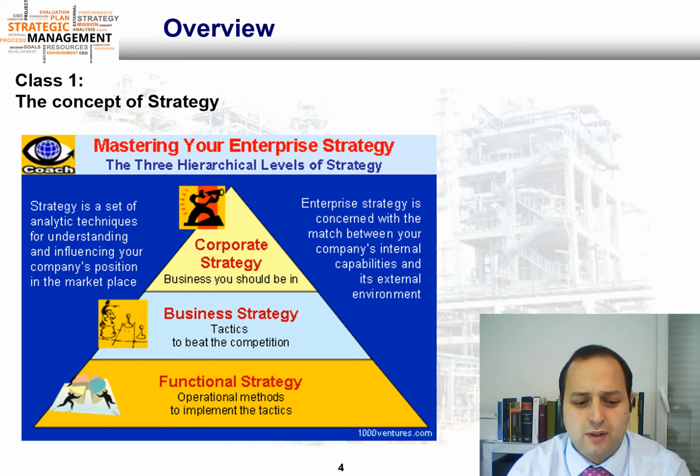In the business strategy, once we have decided in which business we have to participate, we decide the tactics, the ploys to beat the competition. And in the functional strategy, we decide about the operational methods to implement the tactics.